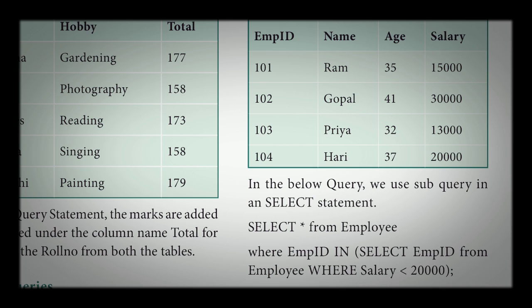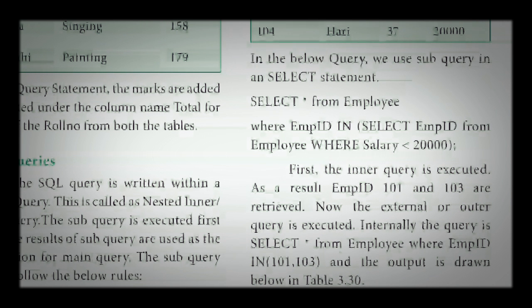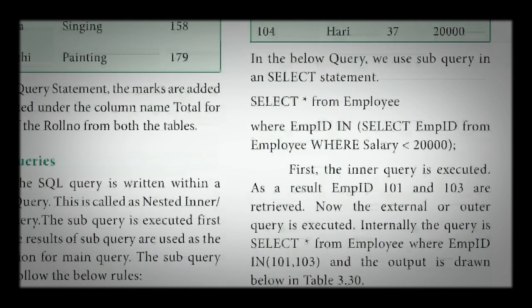Select star from employee where employee ID in. This will show the records of employee IDs whose salary is less than 20,000.